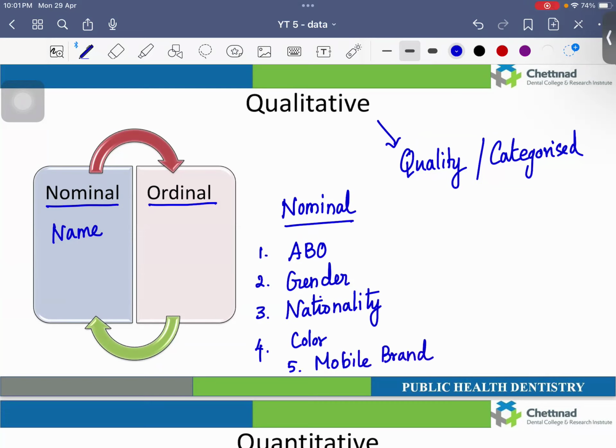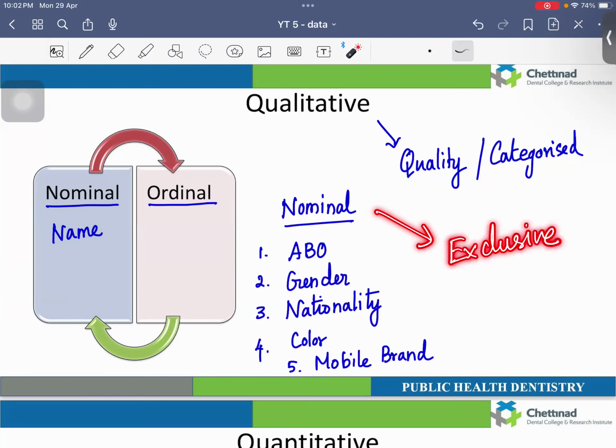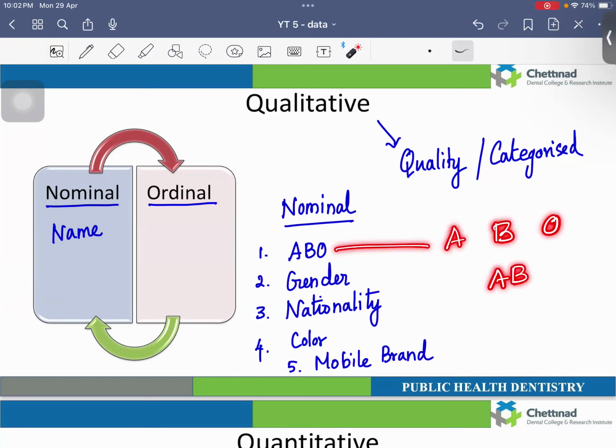In all these things, they are mutually exclusive to each other. For example, in the ABO blood group system, there is A, B, O, and AB. One blood group is not superior or inferior to another.